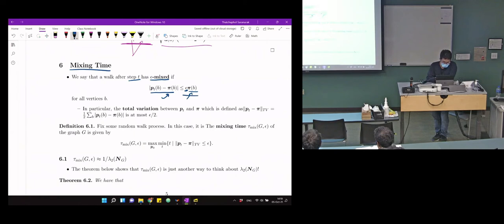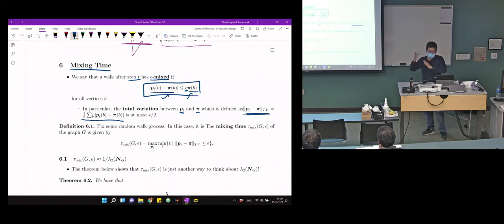And if you have this, then in particular you know that the total variation between P^t and pi, this is not exactly the definition, but the total variation can be written in this way. It's just summing over the deviation of each event between the two distributions.